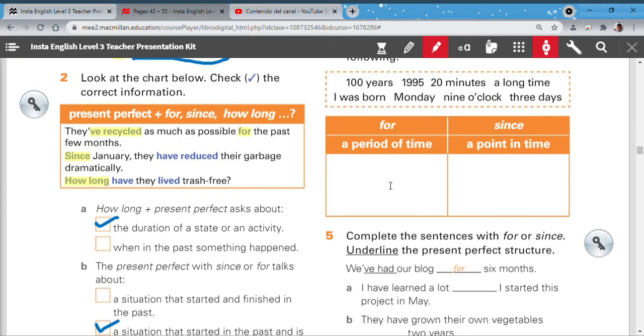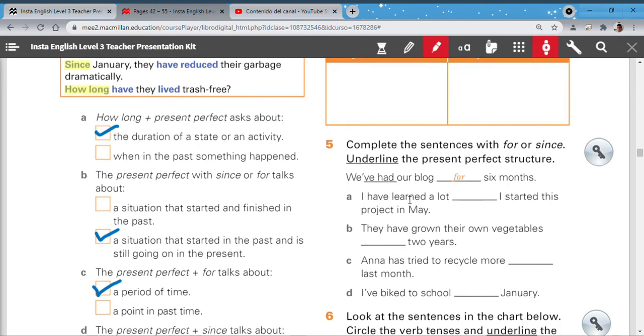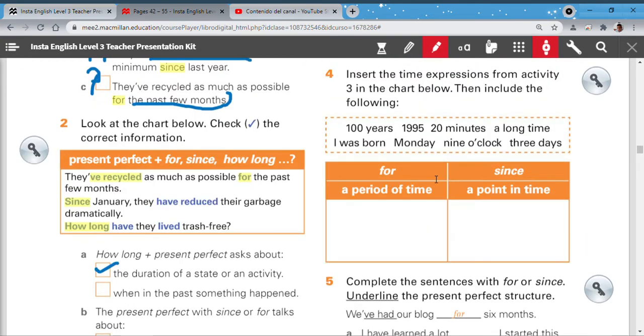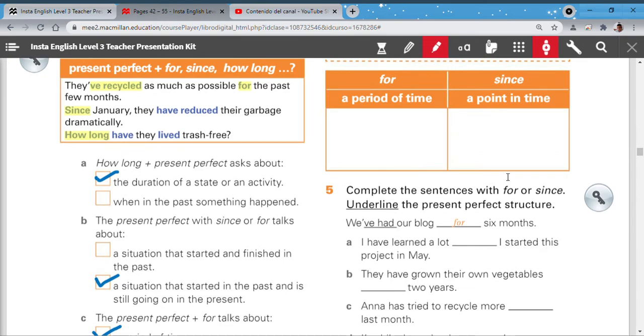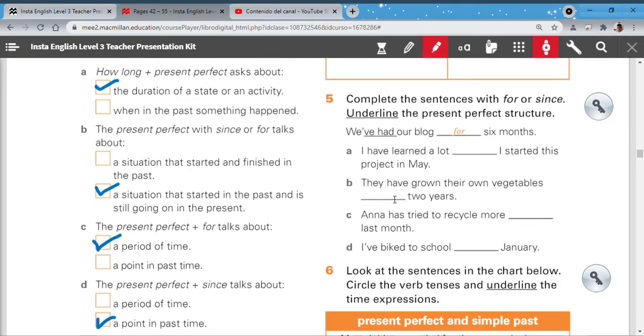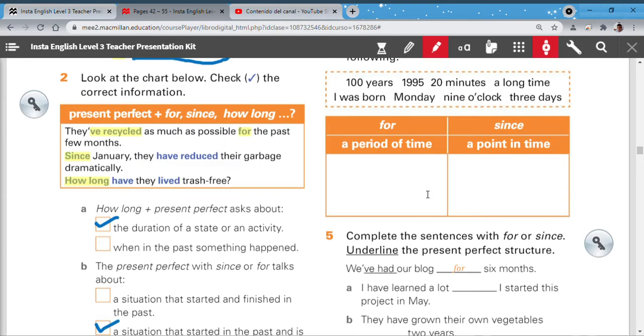No, remember, for 6 months. A period of time. I have learned a lot. I started this project in May. 4 things. Okay. They've grown their own vegetables. 2 years. A period of time.